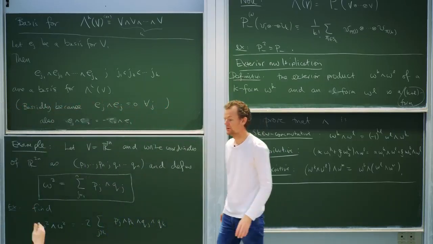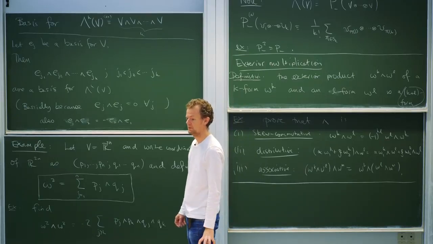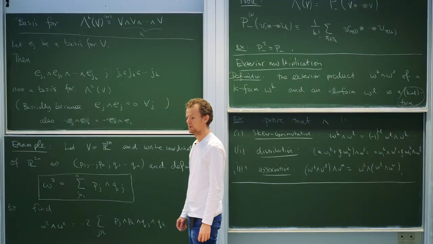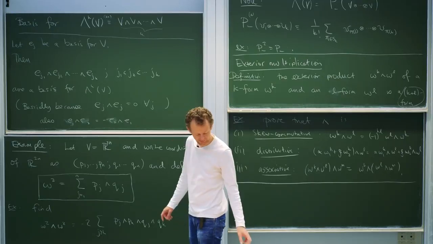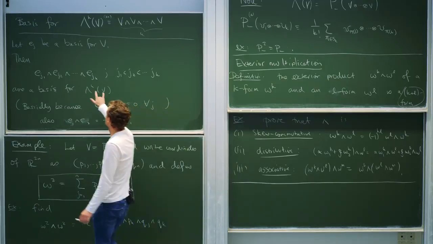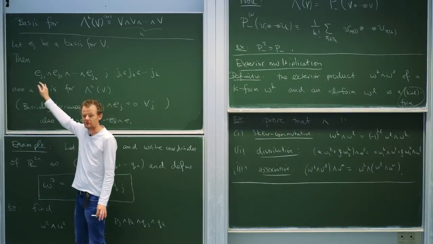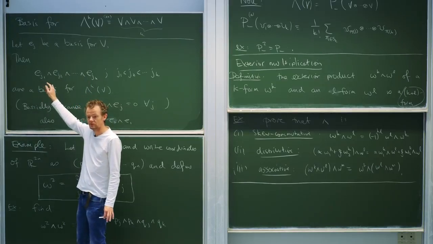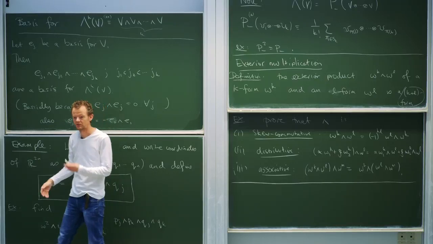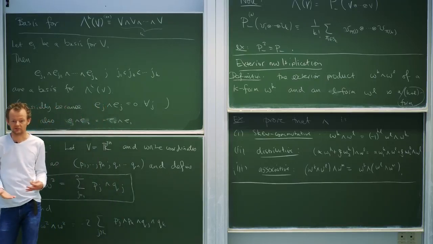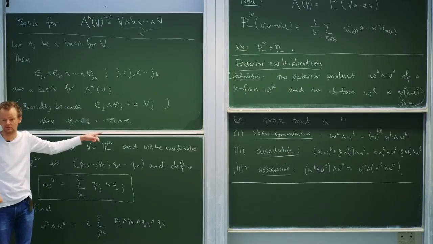Could one also say that these are the image under P minus of a basis of the tensor product? That's a good question. Are these things the image under P minus of just the tensor product basis? The answer is yes, absolutely. P minus either annihilates these tensor product basis vectors, or it projects them onto these things.